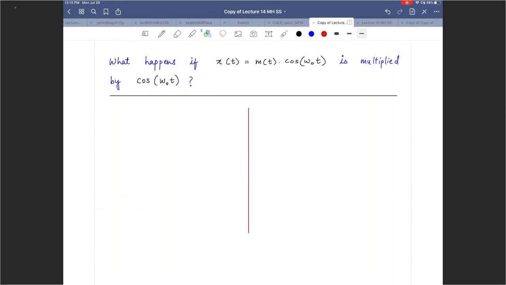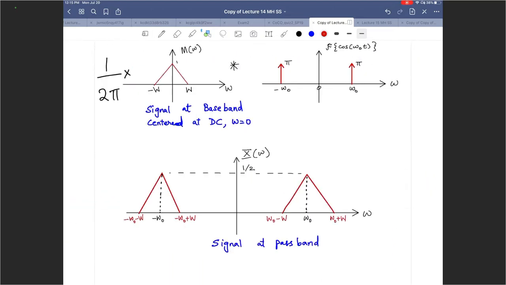I'm simply sketching in the frequency domain. For the triangle at plus omega naught, it will move plus omega naught and minus omega naught. It is already at omega naught, so when it gets multiplied with another cosine at omega naught, it will go to 2 omega naught, and then the lower portion will come down to DC, 0.